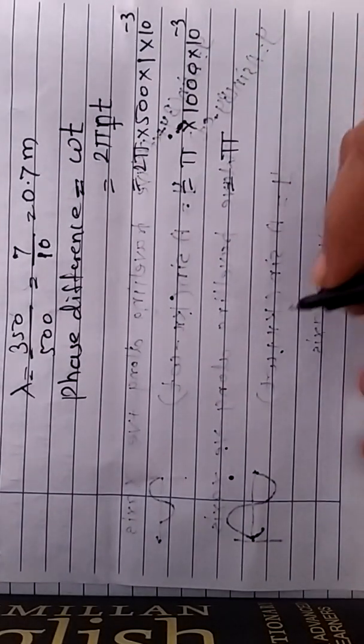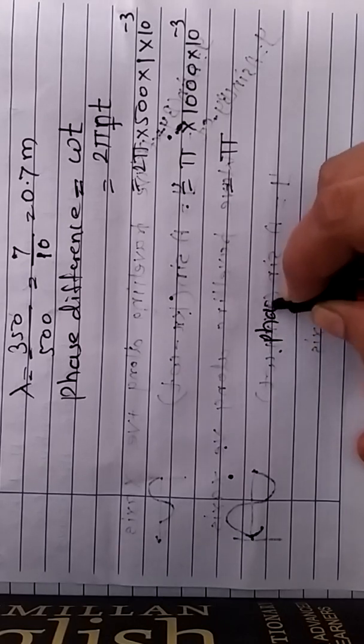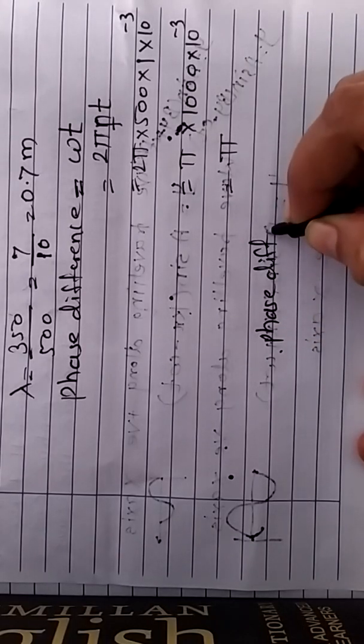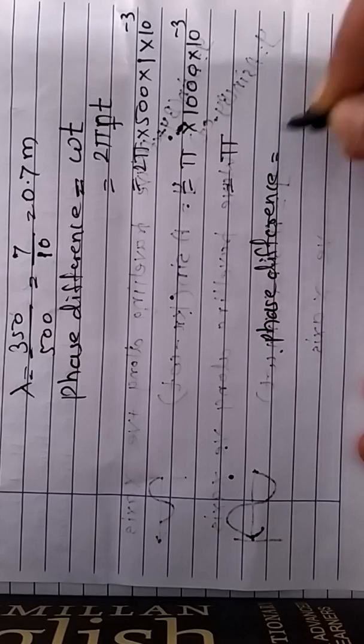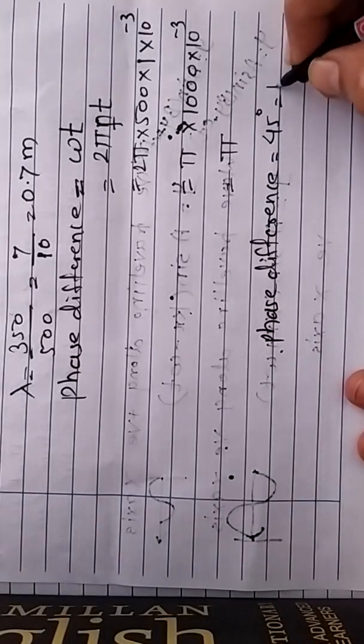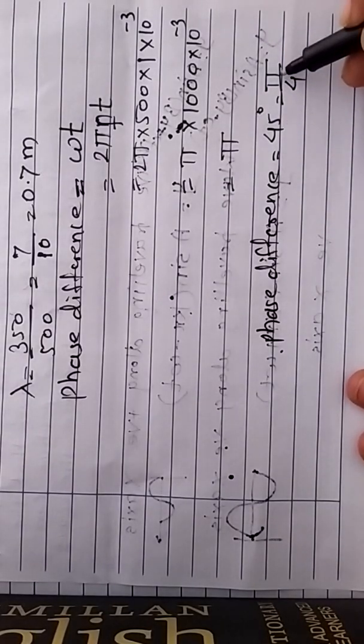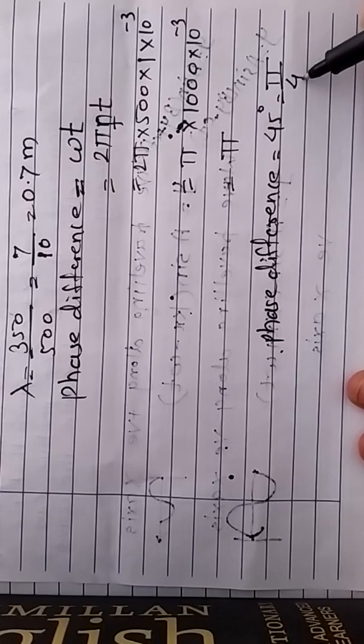Therefore, phase difference is equal to 45 degrees. 45 degrees means pi by 4. Pi means 180 upon 4, we get the value of 45 degrees. Phase difference is pi by 4.